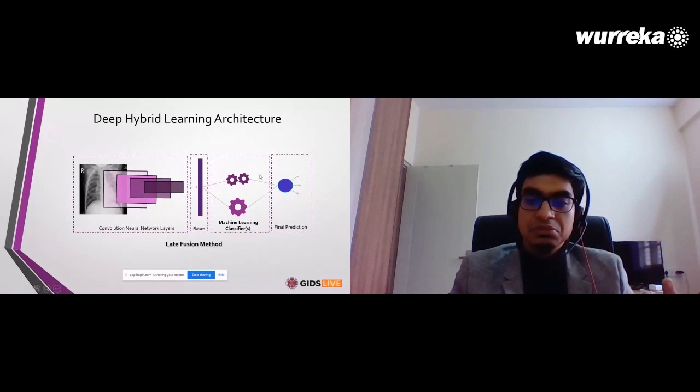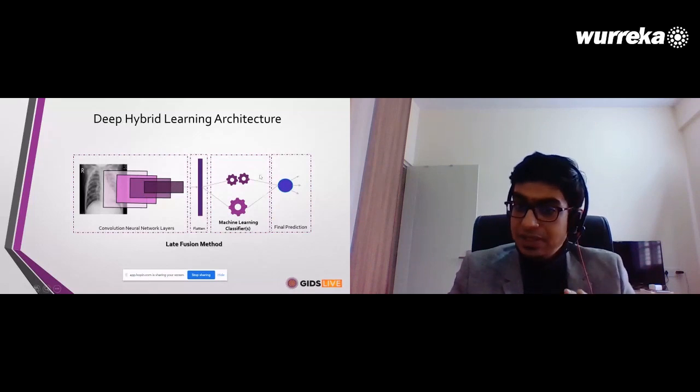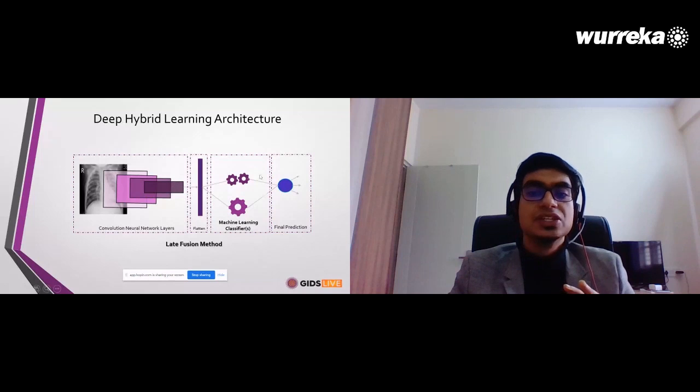It can be as simple as k nearest neighbor or SVM, support vector machines, or it can be XGBoost or random forest or any other ensemble learning method, or even a stack or combination of different machine learning algorithms. So this is how the typical deep hybrid learning architecture looks like when we go for a late fusion approach. And why late fusion again?